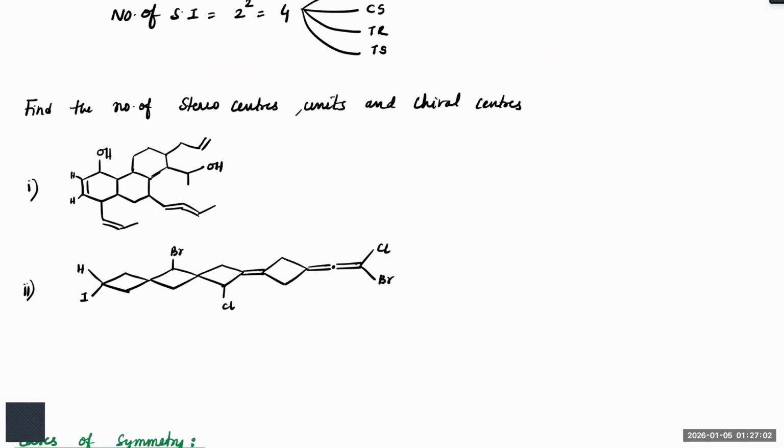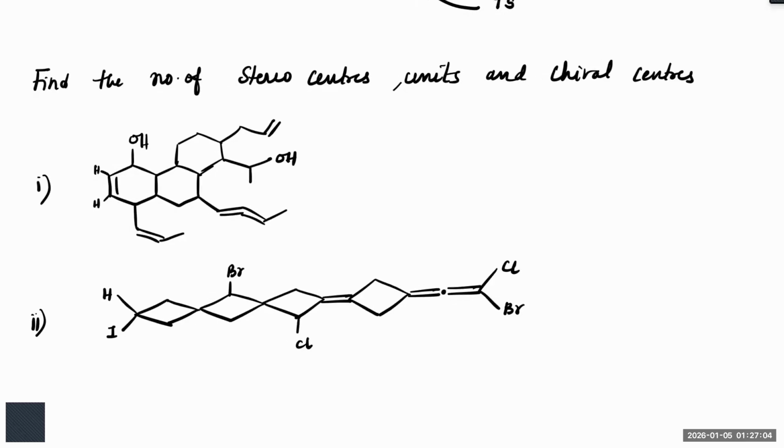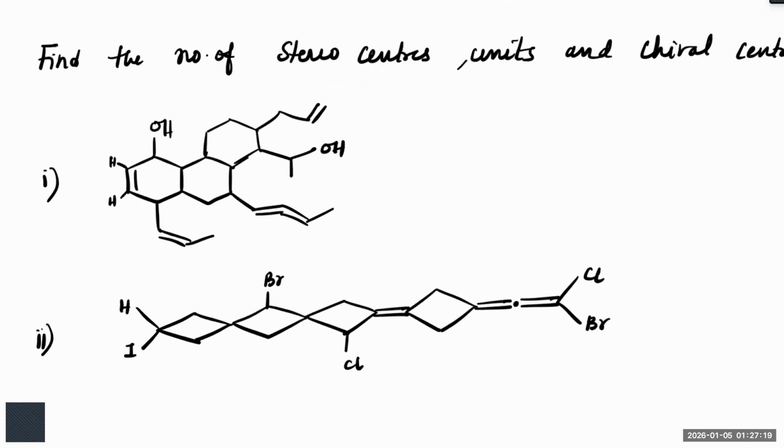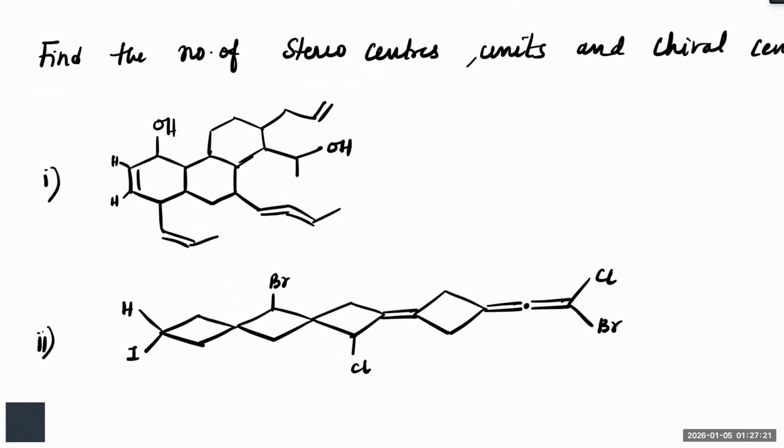Now, if a question is asked like this, find out the number of stereogenic centers, units, and chiral centers. So first find out across how many double bonds and single chiral centers we can have stereoisomers observed. So let us go one by one here. Starting with, I'll just mark it with a color here.